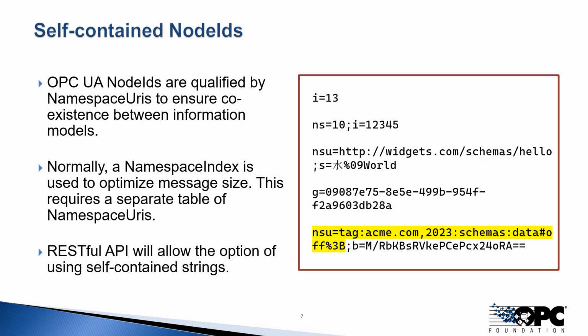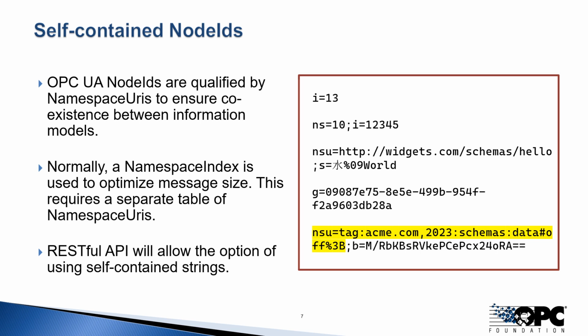This requires that every identifier and every name be qualified by an identifier for the model, which we call a namespace URI. And these URIs are typically long strings. To optimize messages, we have required that the messages use indexes that refer to a table of URIs that is maintained within the context of the session.